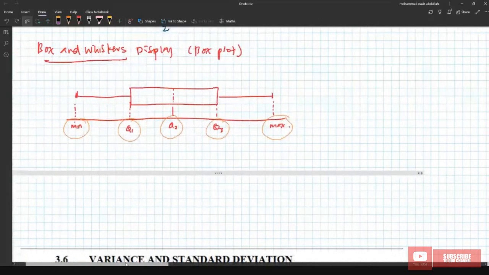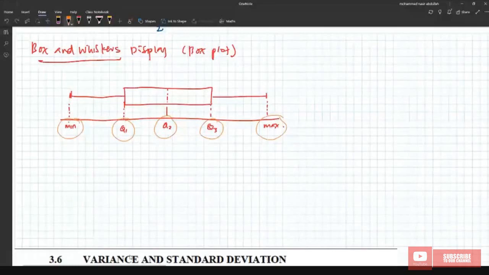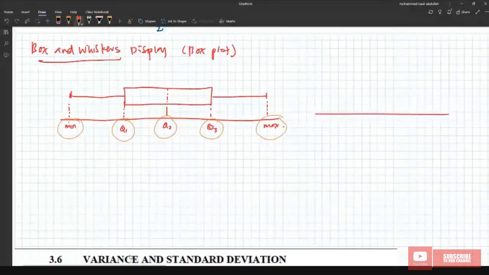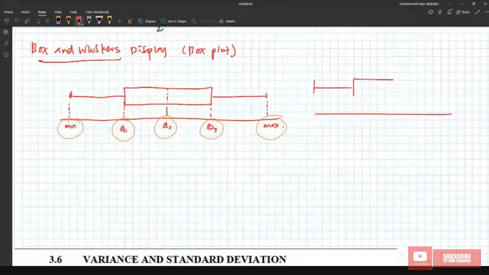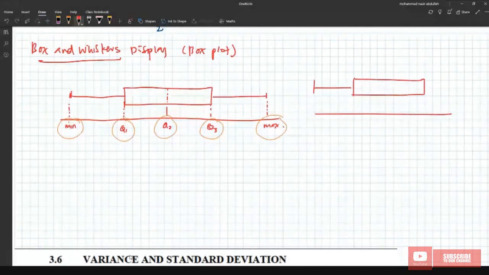So if the box plot looks like this, let's say this is quartile number 1, quartile number 2, quartile number 3.